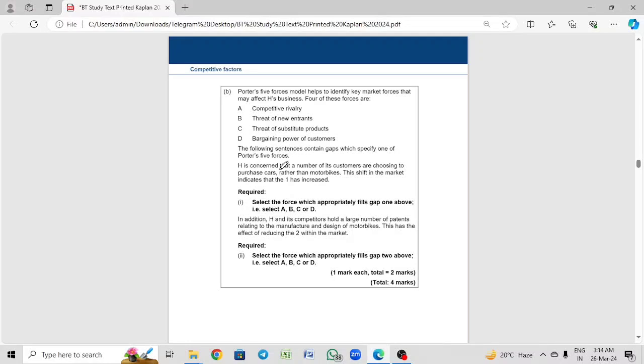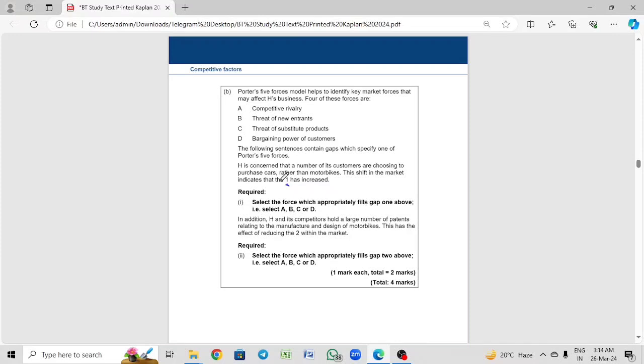H is concerned that a number of customers are choosing to purchase cars rather than motorbikes. This shift in the market indicates that the blank has increased. Okay, one of these has increased. What is the requirement? Select the force which appropriately fills the above gap. Okay, we have to replace the blank with one of these.